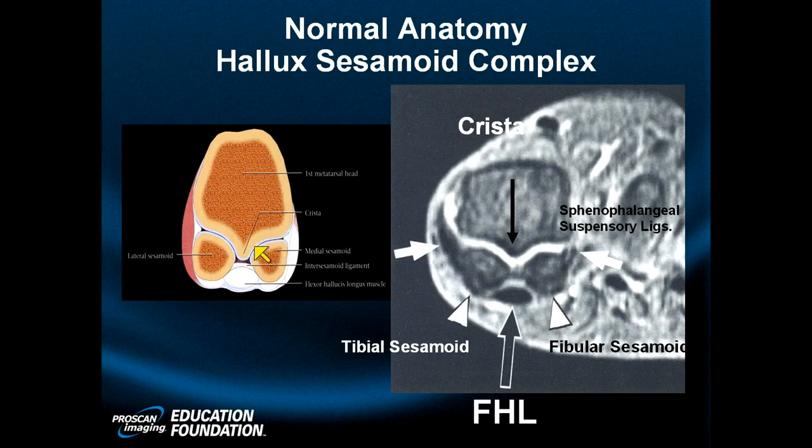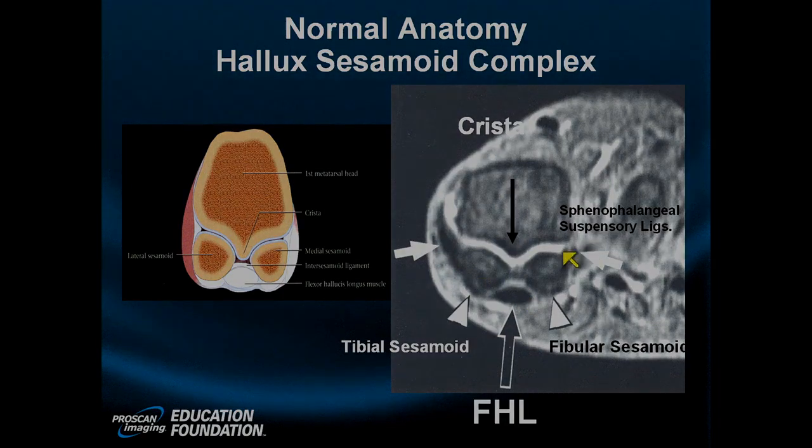So loss of that cartilage produces excessive friction and will degenerate the plantar plate. We have an intersesamoid ligament, the flexor hallucis, and then a set of suspensory ligaments. They can either go to the phalanx or the metatarsal. There are two sets on each side. So they're called the suspensory metatarsal phalangeal ligaments or the suspensory phalangeal sesamoid ligaments.